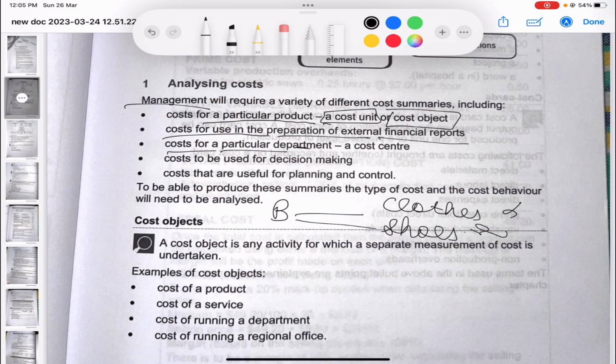Cost for a particular department, a cost center. So sales department, production department, manufacturing department, every single department has incurred their independent costs. So every particular cost center means that particular center, that department.